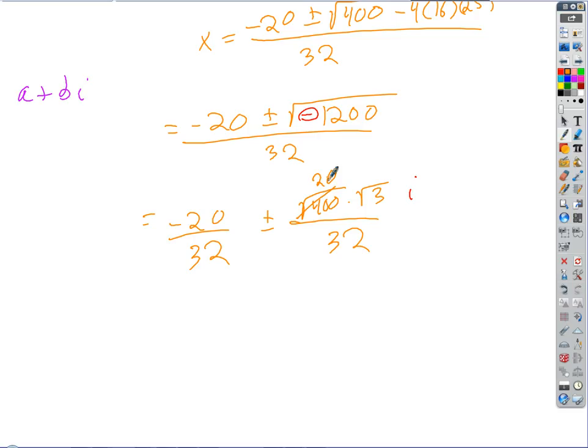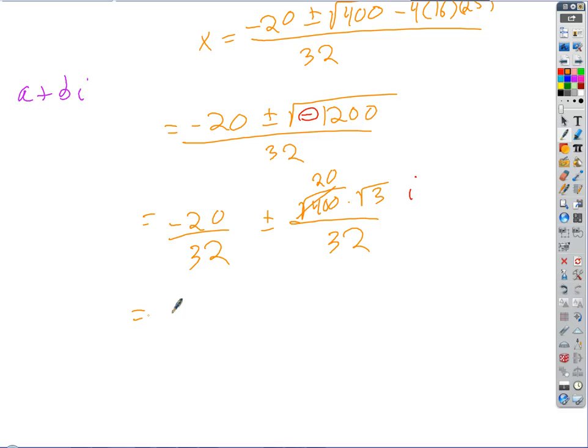What are we going to get for negative 20 over 32? What's that reduced to? Let's see, what's the number that goes into 20 and 32? 12 doesn't go into 20, or 32. But what's one that does? 2 does, 4 does. 4 is a little bigger.